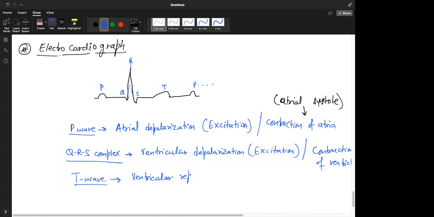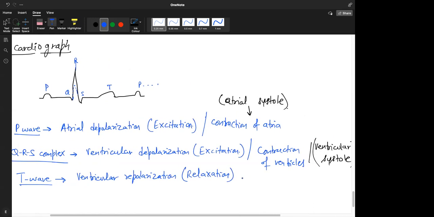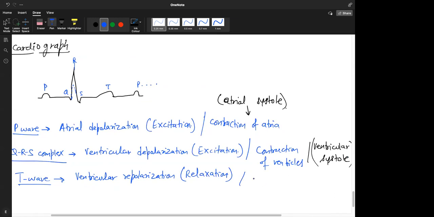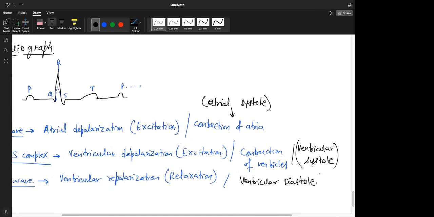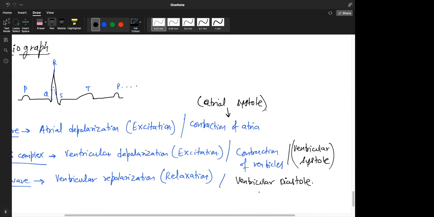But when it is repolarization, it is called relaxation, not excitation, it is relaxation. In other words, we call it ventricular diastole, right? Is it clear? So atrial systole, ventricular systole, ventricular diastole.